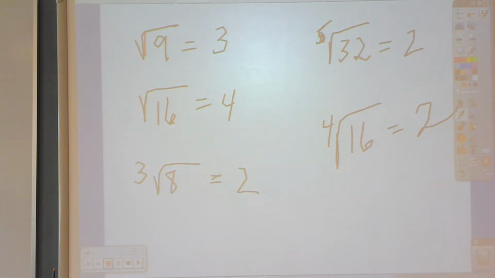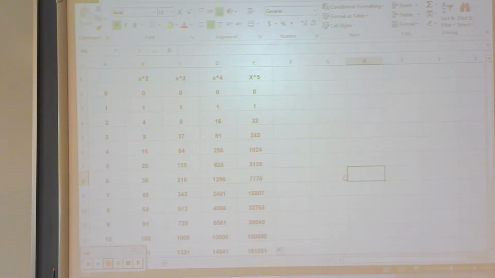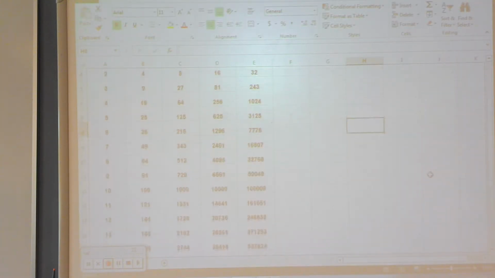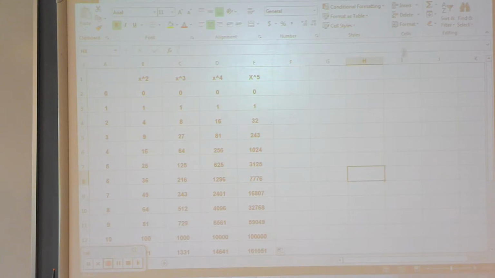Y'all want me to put that thing back up? There you go. Usually people go, will you put that back up there? Yeah, be glad to. You might want to write down those first 5 lines.